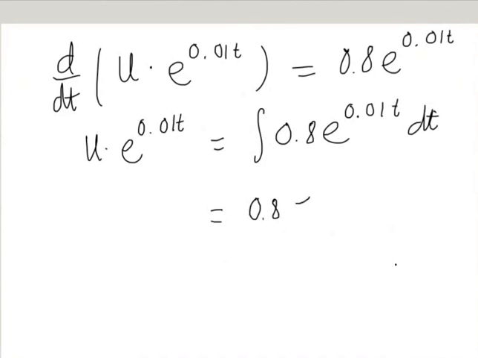The integral of e to the 0.01 t will be e to the 0.01 t divided by 0.01 plus c.